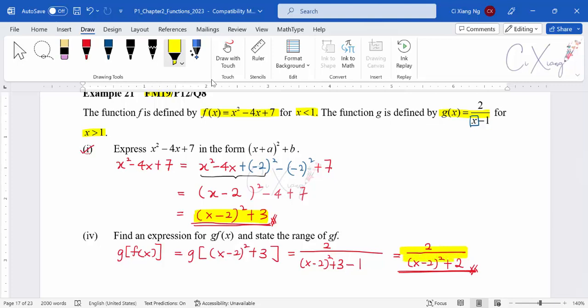After I find this composite function gf, what else do they want us to find? They want us to state the range of gf. So we come back to the previous concept, how to find the range for a certain type of function.